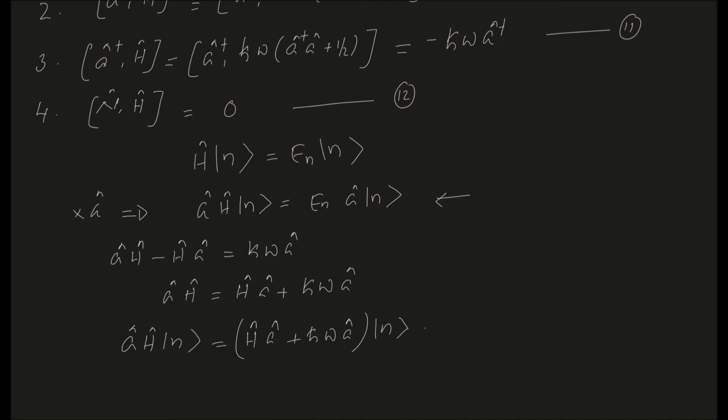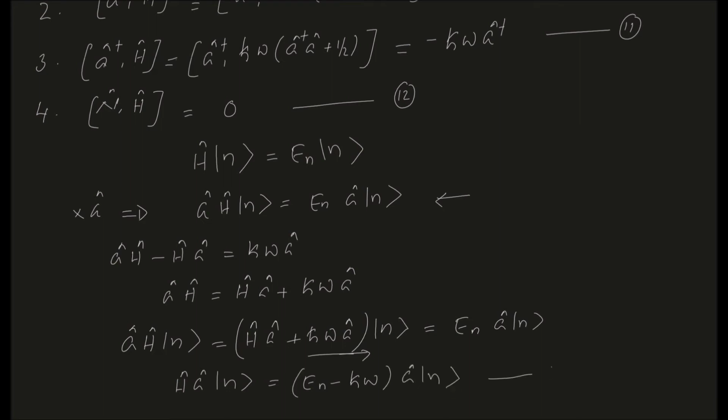Then on the right hand side what we have is An, or we can write H An equal to, if you take these terms to the right hand side, what you get is En minus h cross omega, An.